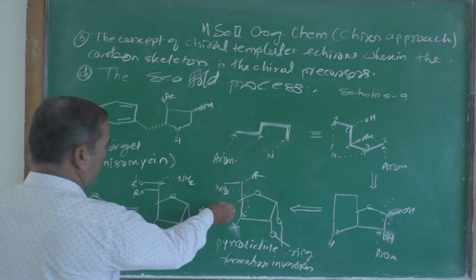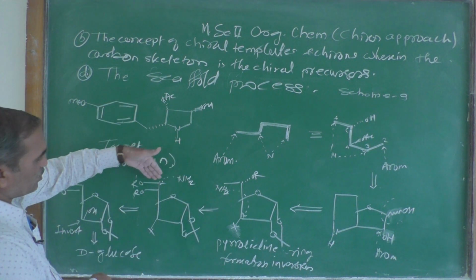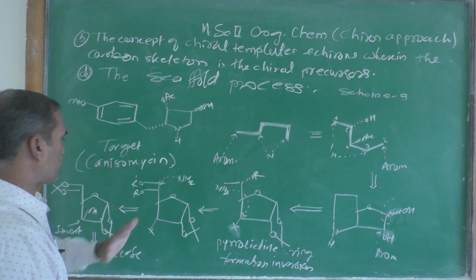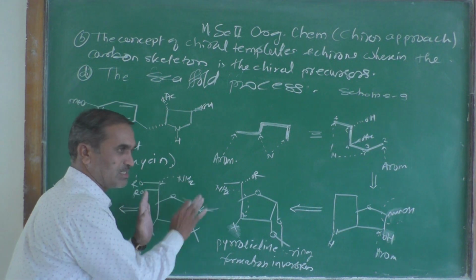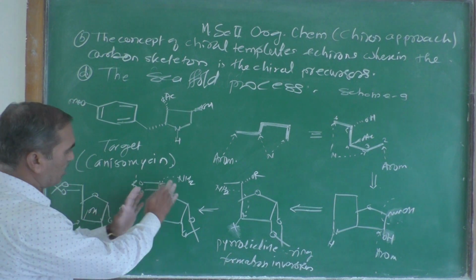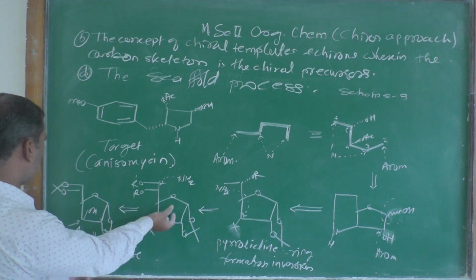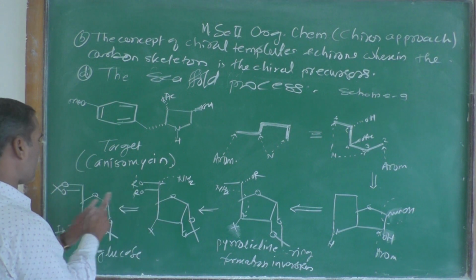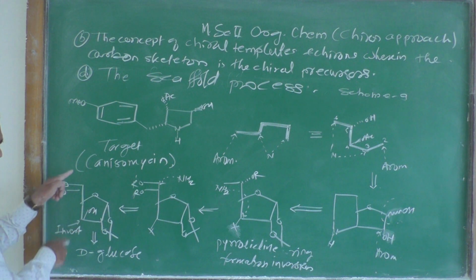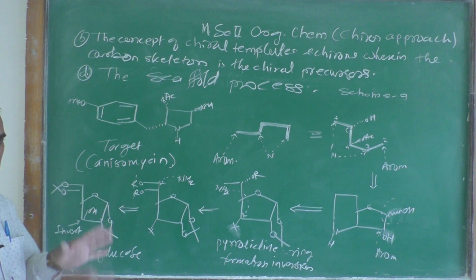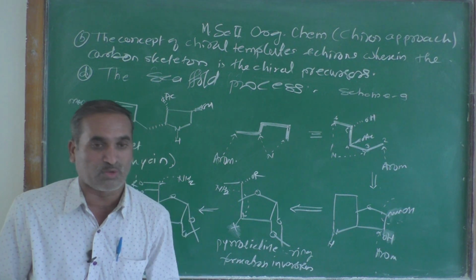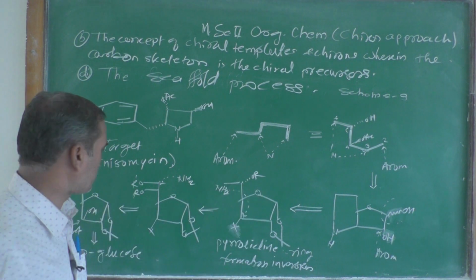Now look at this, it can be obtained just by introducing this NH2 group from here, with this as a departing group. This is one of the segments where the carbohydrate type of symmetry is clearly apparent, and this can be obtained from this. There is an inversion of this hydroxy group. Look at the 1,2 position: the 1,2-diol is protected, and the protecting group will be acetone in the presence of acid.